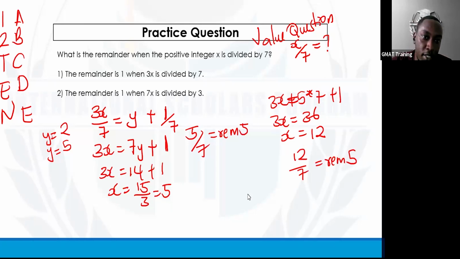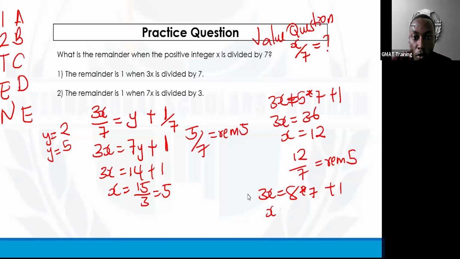With 6 it will be 42, that's 43. 7 will be 49, 50 not possible. 8 will be 56, 57. Yes, we can try 8. So for 8, we'll have 3x equals 8 times 7, which is 56, plus 1. That's 57.